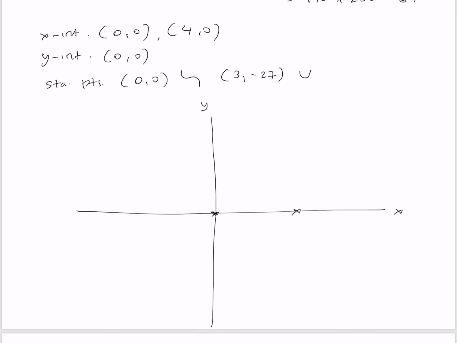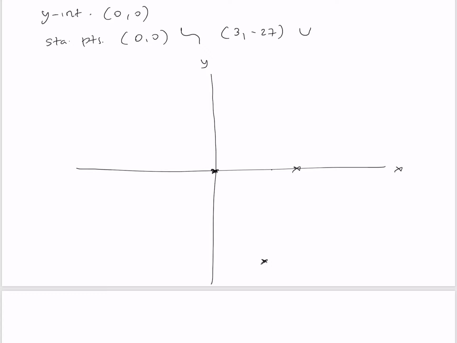And with the stationary points (0, 0) and (3, negative 27), let's put it roughly in this space here, good. The stationary point at (0, 0) is a negative inflection, so you will have it here. And we have a minimum at (3, negative 27) here, and the x-intercept passing here. Good.